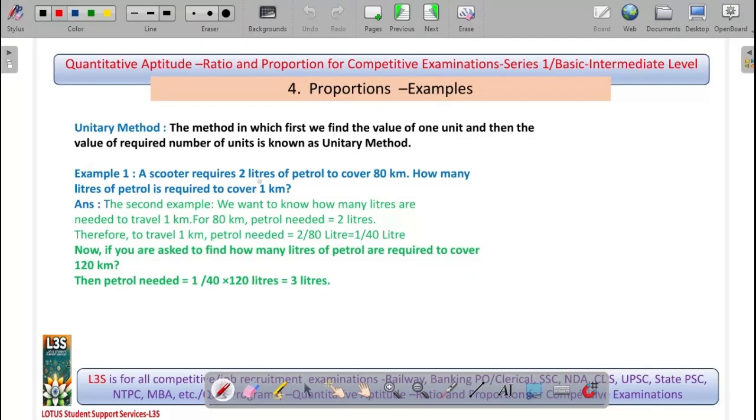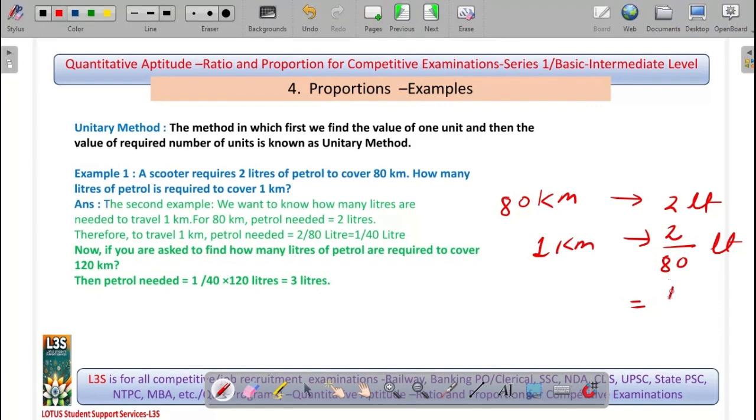A scooter requires 2 liters of petrol to cover 80 kilometers. How many liters of petrol are required to cover 1 kilometer? So for 80 kilometers we need 2 liters. So for 1 kilometer, how much petrol will be required? 2 by 80 liters, so 1 by 40 liters.